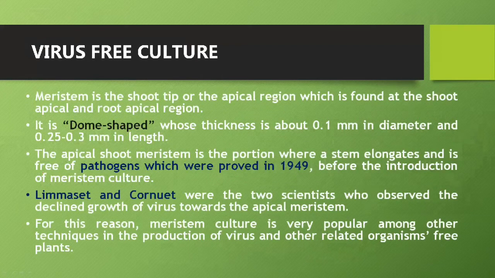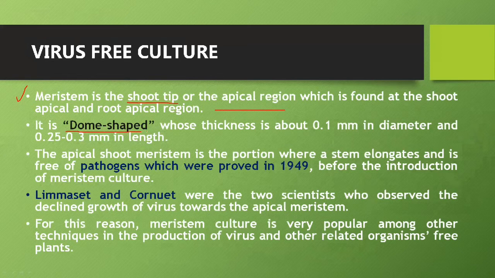Now, virus-free culture. As we know, from meristem culture we can develop virus-free plants. So what is this meristem? Meristem is the shoot tip, as we discussed, or the apical region of the shoot.